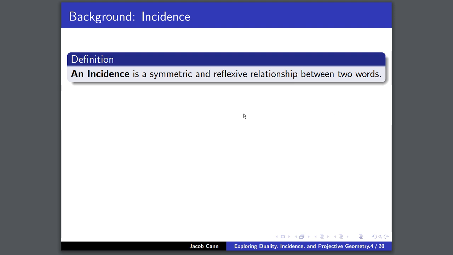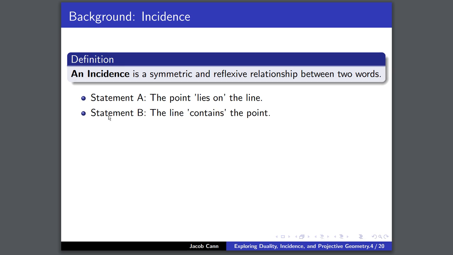An incidence is a symmetric and reflexive relationship between two words. And this is important because it gets at the heart of how we define projective geometry. So say we have statement A: the point lies on the line. Point P lies on, that's the incidence part, the line L. And then statement B: the line contains the point.